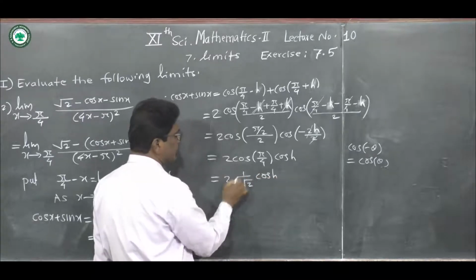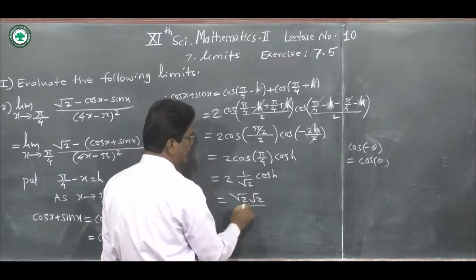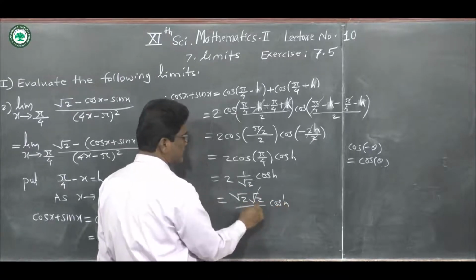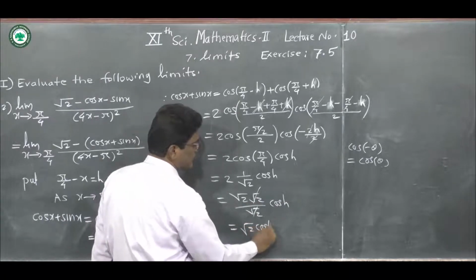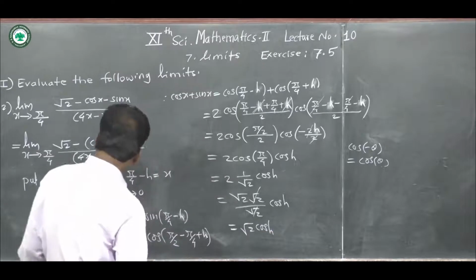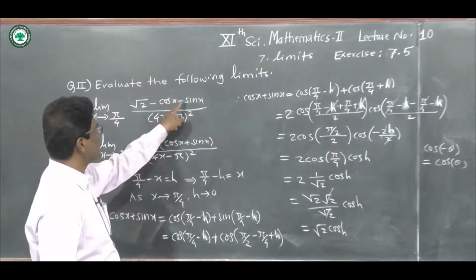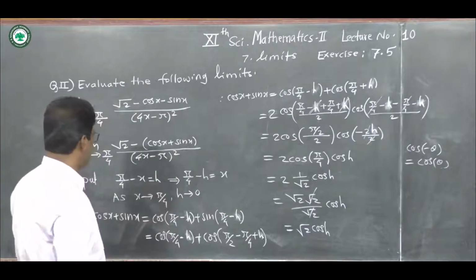This root 2 into 1 is 2, so write root 2 into root 2, divided by root 2, into cos of h. Now this root 2 and root 2 get cancelled, so it is root 2 into cos of h. Okay, so we find this cos x plus sin x separately, and that is root 2 into cos of h.